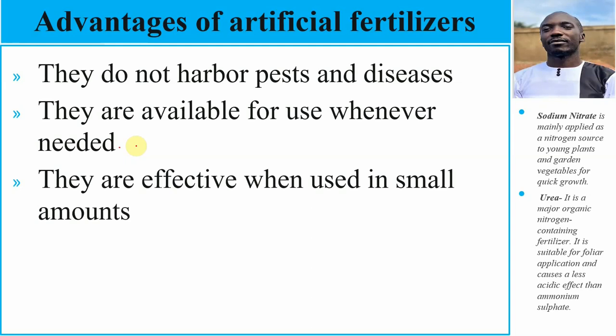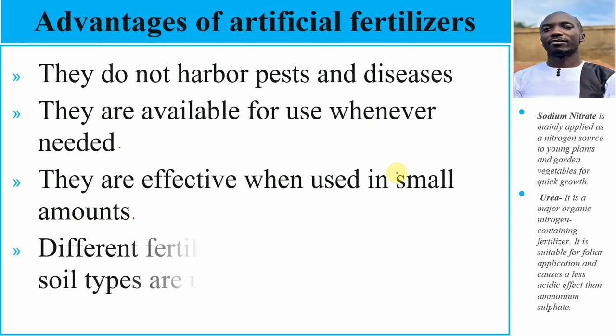Thirdly, they are effective when used in small amounts. So for artificial fertilizers, we apply them in small amounts. At times when you buy these fertilizers, you are given instructions to follow, and you make sure that you stick to those instructions. And the good thing is that they are effective when used in small amounts.